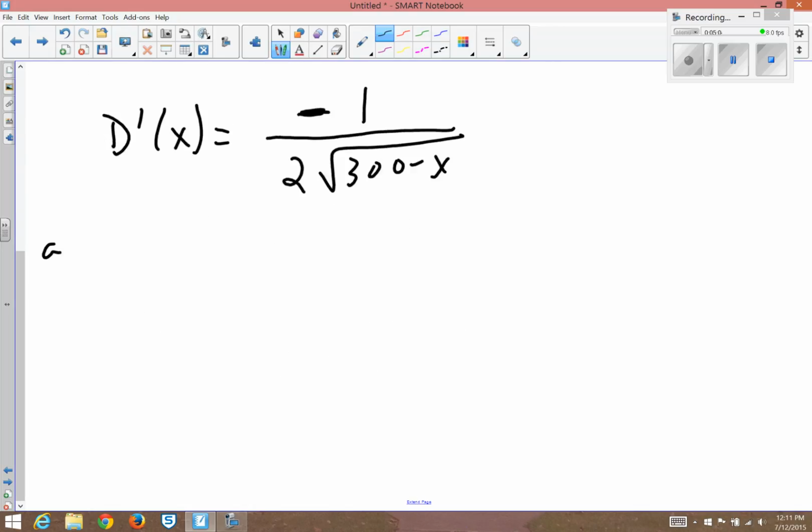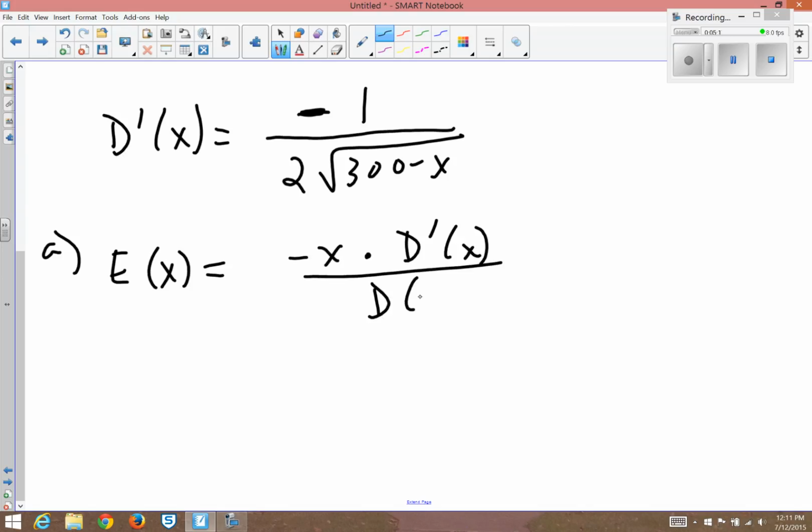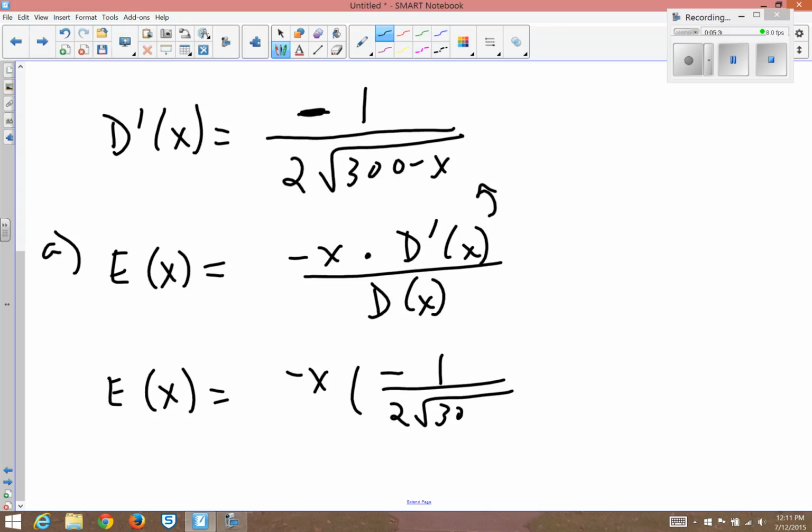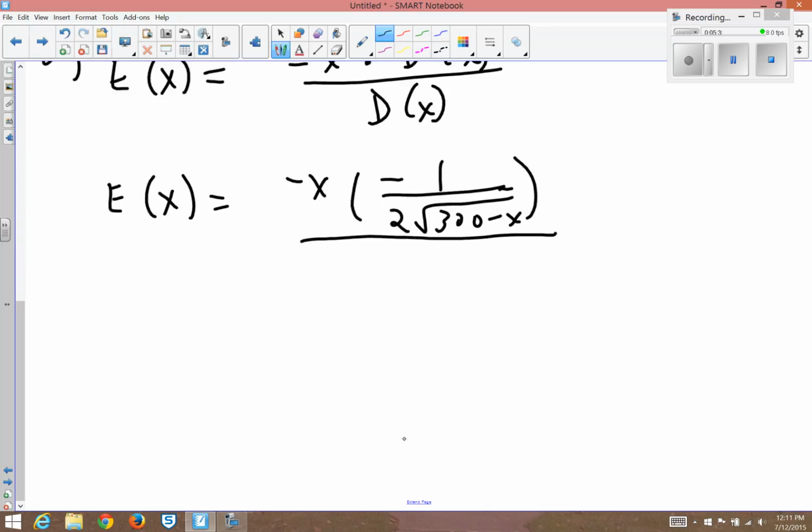So for part A, for the elasticity, which is a function of x, the definition of elasticity is negative x times D prime of x all over D of x. So for this exercise, the elasticity is negative x times what we just got, negative 1 over 2 radical 300 minus x, over D of x. D of x is the function that was given, radical 300 minus x.